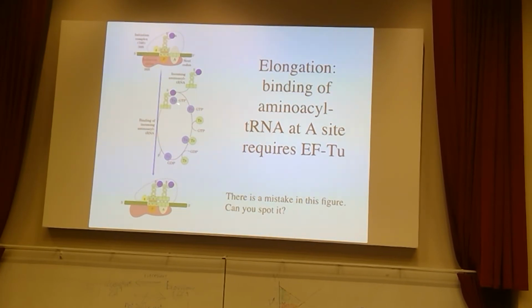Here? Step by step. Here? Oh, okay. This is GDP coming off, and then a new GDP is brought in. So I think this is correct. That's not the mistake. I'll let you guys ponder it.